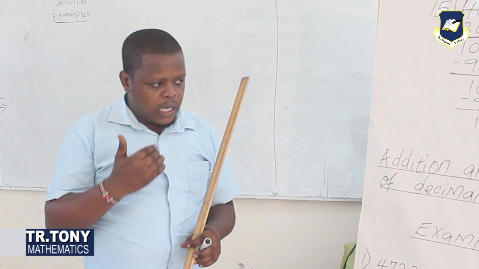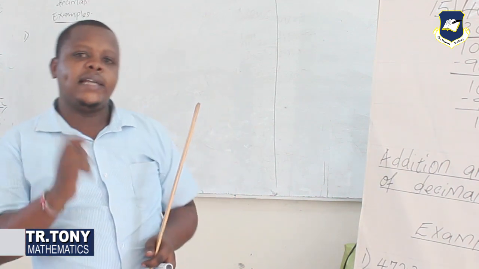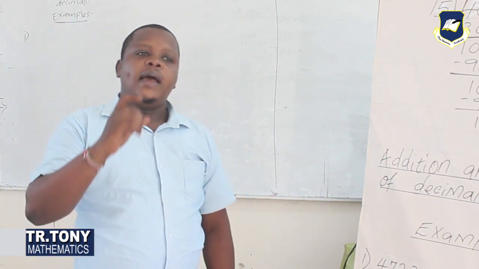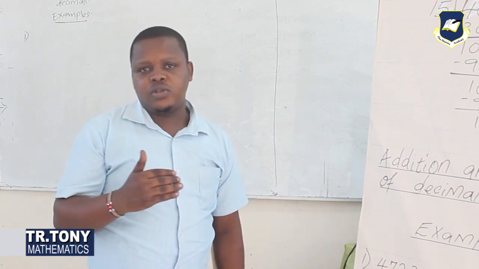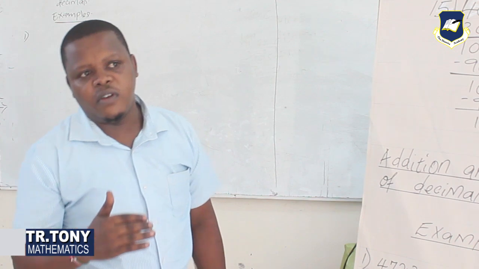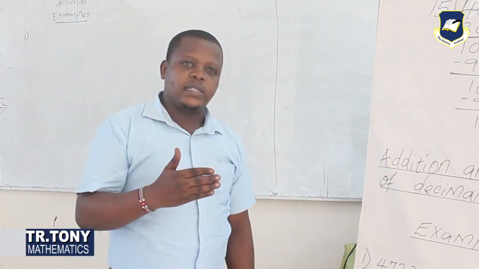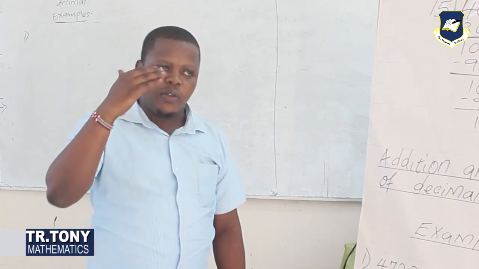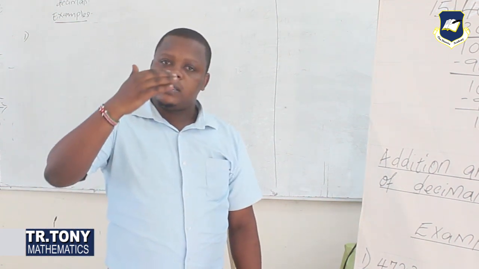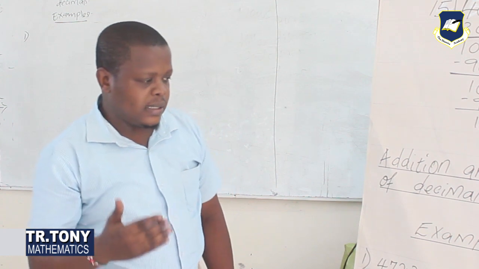One thing that is important when we are doing addition and subtraction of decimals is that we should be able to master the place values of the digits. Place values of all digits, be it ones, tens, hundreds, thousands, and so forth, be it on the decimal part, tenths, hundredths, thousandths, and so forth.